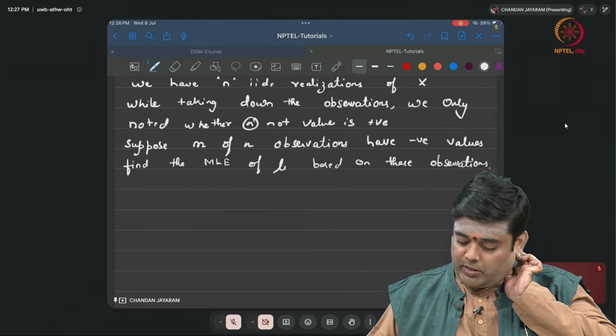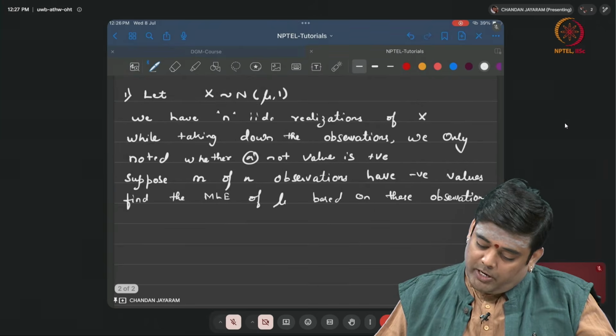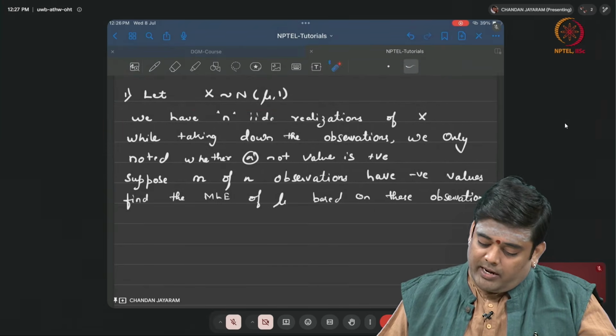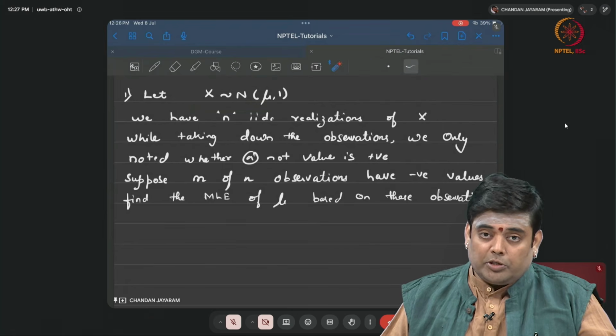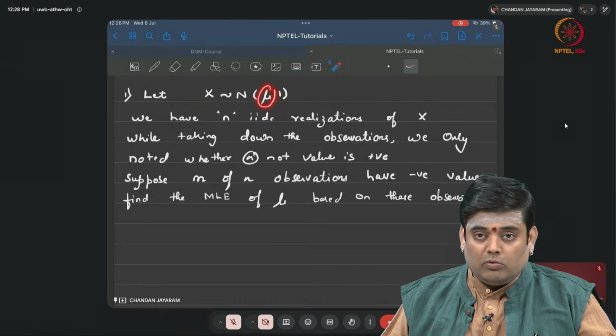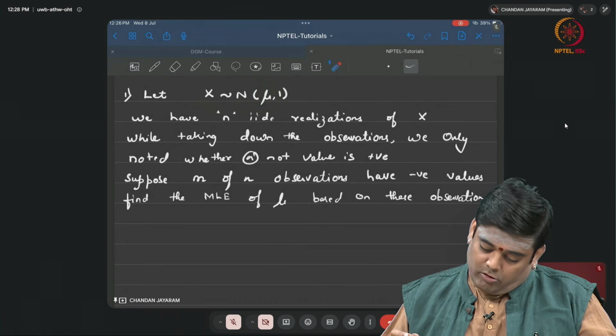I am assuming that the problem setting is pretty much clear. I have n IID realizations from this distribution, which has only one parameter mu, and it should be clear that these are scalar valued random variables.